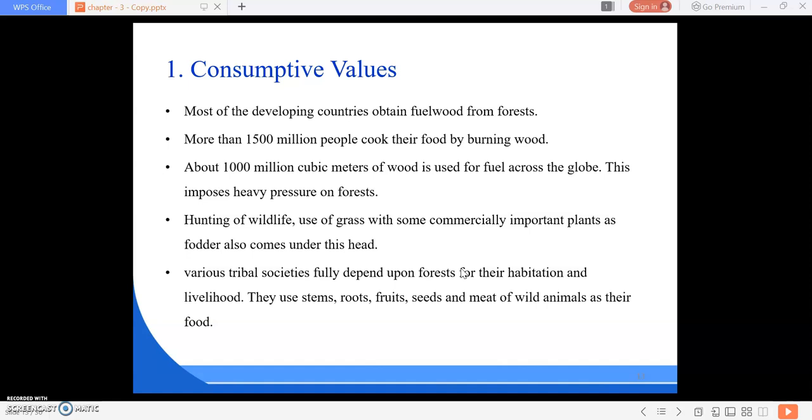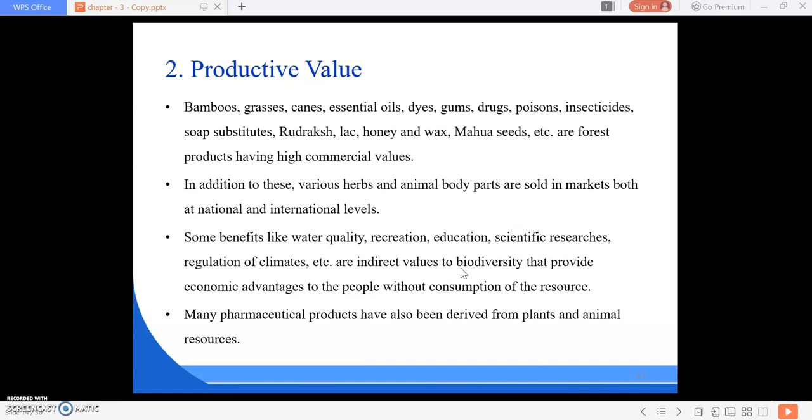This imposes heavy pressure on forests, hunting of wildlife, and use of grass and some commercially important plants as fodder. Various tribal societies are fully dependent on forest biodiversity for their habitation and livelihood. They use tubers, roots, fruits, seeds, and meat of wild animals as their food.